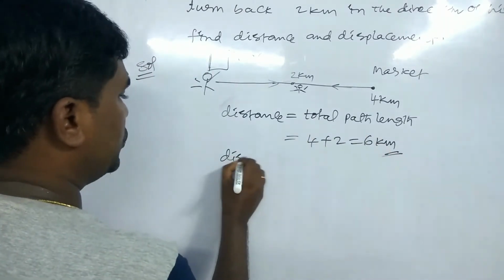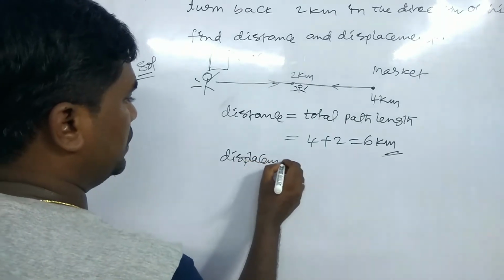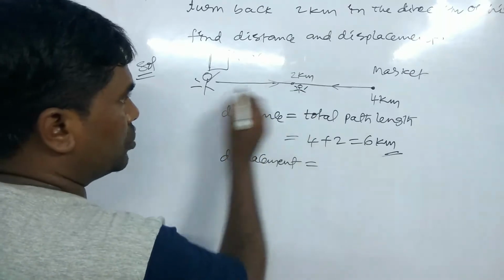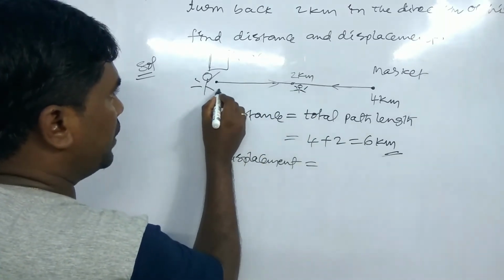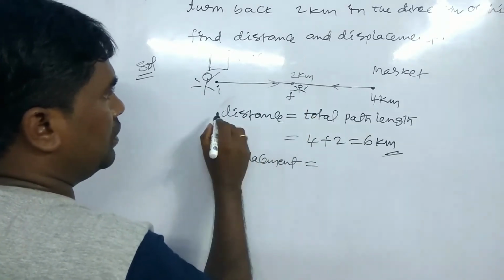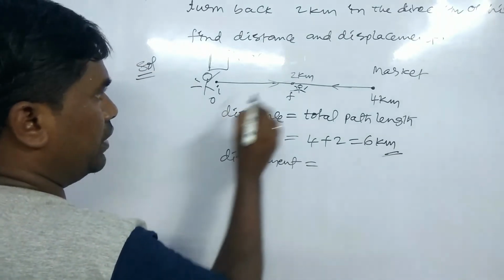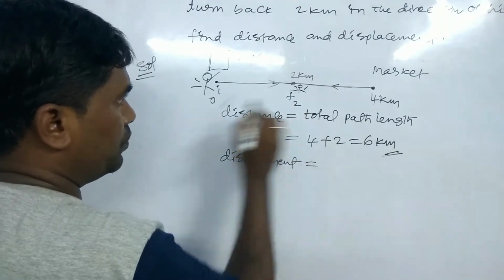And the displacement of the person, how much displacement? The shortest distance between the initial and final. This is the initial and this is the final. At initial it is 0 and the final point is 2.